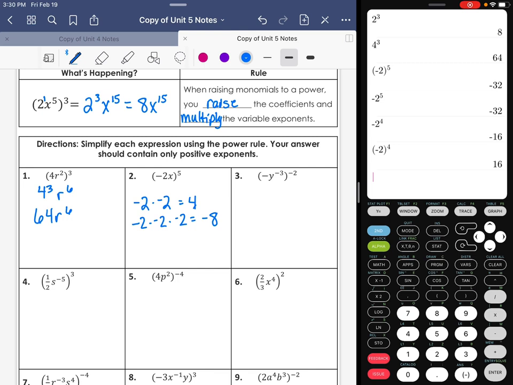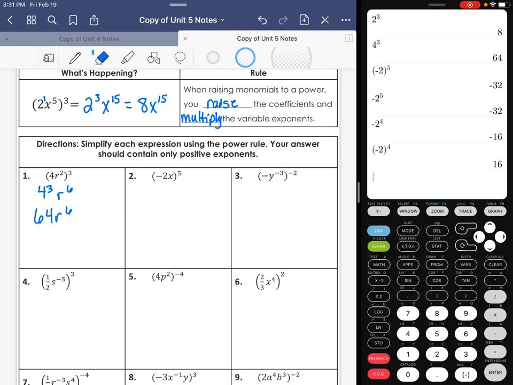Then, if you go to the next step, which we did in our calculator, negative 2 times negative 2 times negative 2 times negative 2, you get positive 16. Because negative times negative is a positive, times negative is a negative, times negative is a positive. And then when we got to the fifth, which was the original problem, you switch it back to negative 32. Now I'm going to erase all that, but that is really important.